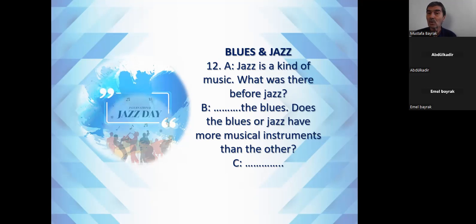Does the blues or jazz have more musical instruments than the other? I'm not sure. I don't know, but maybe the blues has more musical instruments than the other. It may be true or false. The blues is a singular subject. Why?